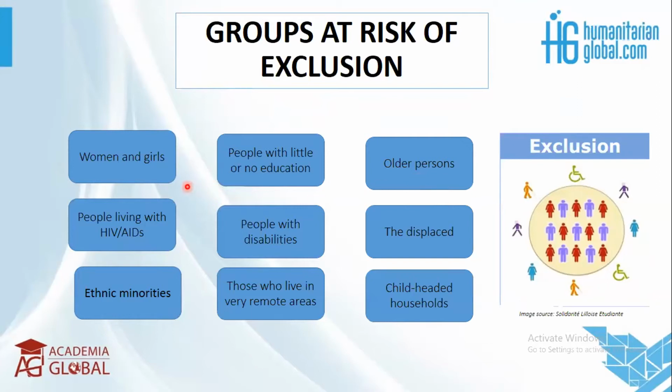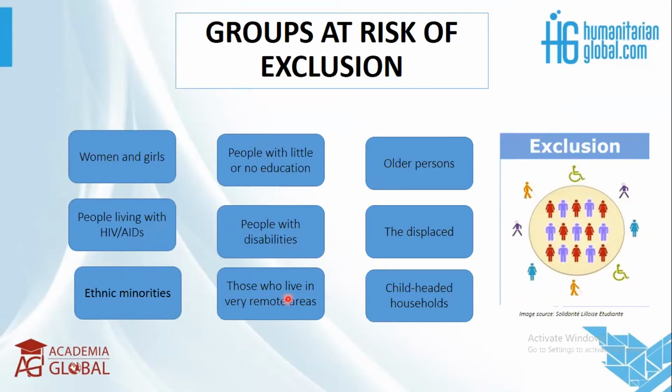So we have groups like women and girls that are usually likely to be excluded in terms of water, sanitation, and hygiene. We have people with little or no education. We have older persons. We have populations that are displaced. We have people with disabilities. We have people living with HIV and AIDS. We have ethnic minorities.